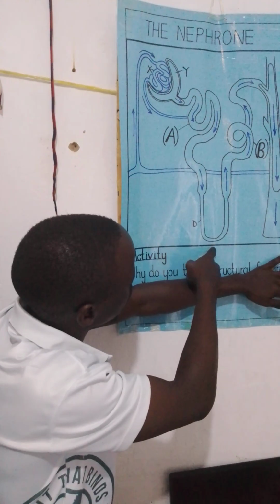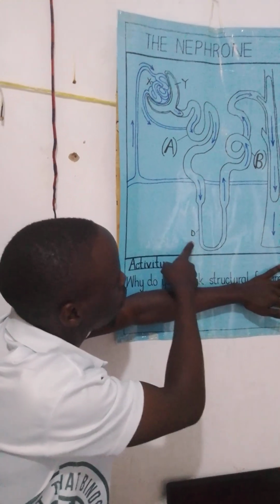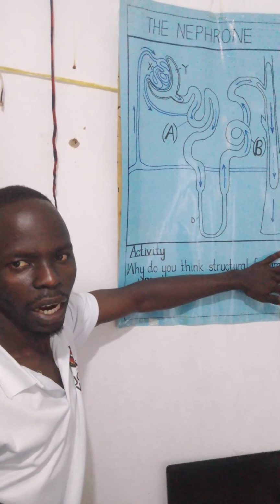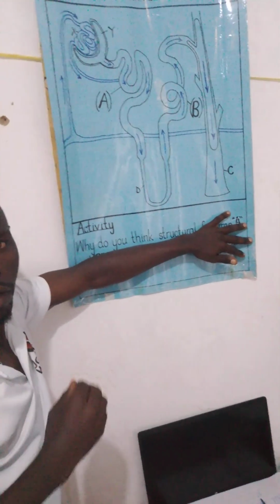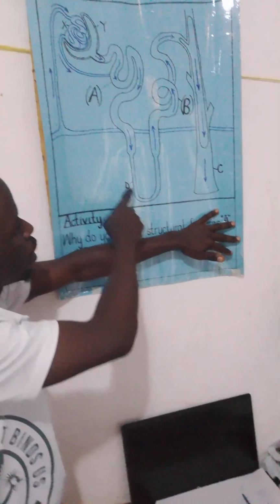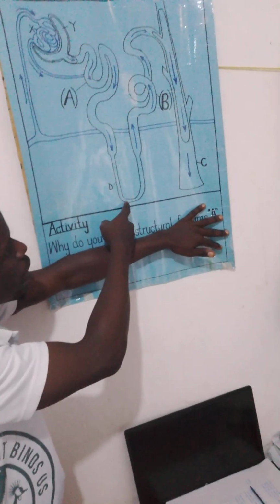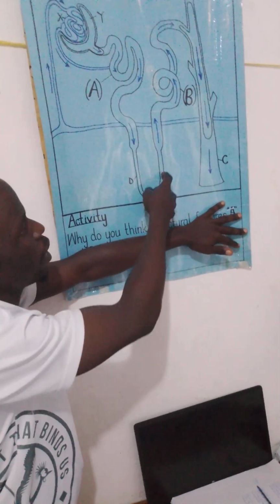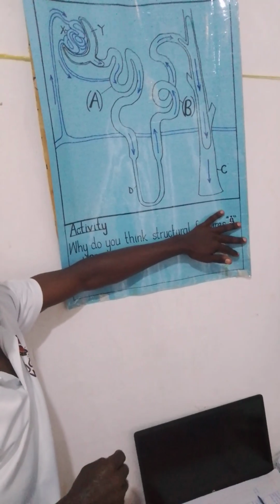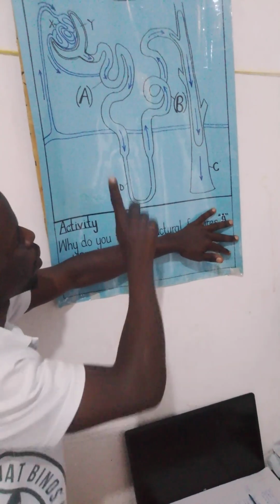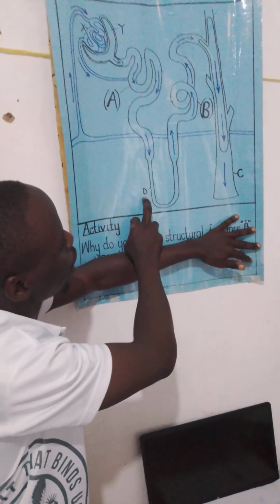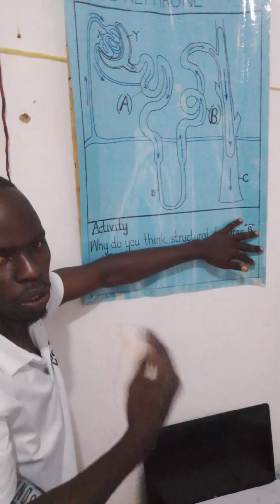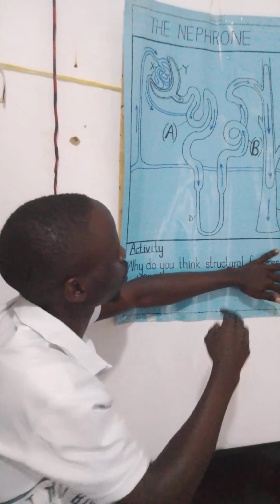Then we have a part here which is D. This part D is what we call the loop of Henle. This loop of Henle has the descending loop and the ascending loop. In the ascending and descending loops, we usually get more water reabsorption.